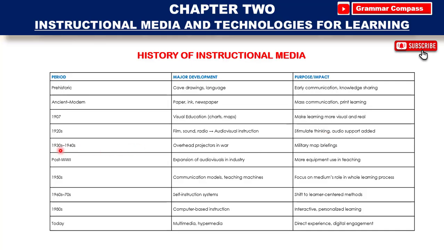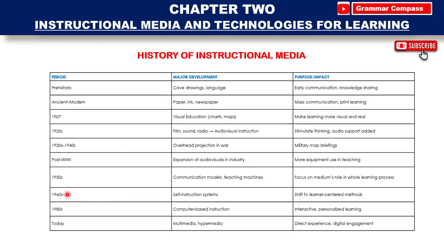In the 1930s to 40s, overhead projectors were used in World War II. And just after World War II, there was expansion of audiovisuals in industry and even in education. So more equipment was used in teaching. In the 1950s, that was when communication models and teaching machines were developed.